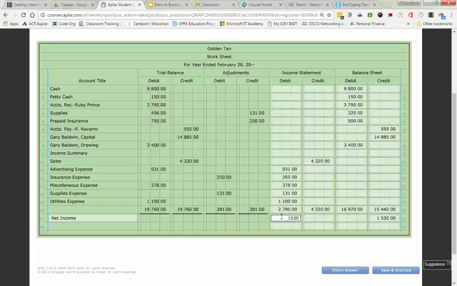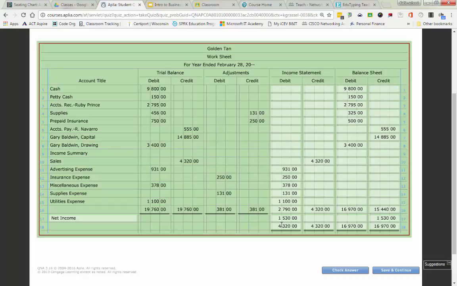So again, what I need you to do right now is to go through and total up your income statement and balance sheet columns. One of the things that Aplia does for us that I need you to realize is it puts a double line below here to say that, hey, these equal.